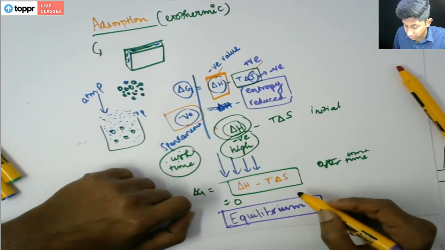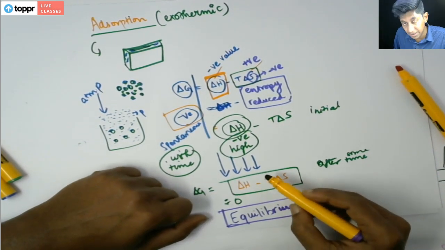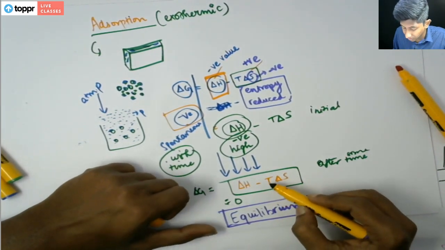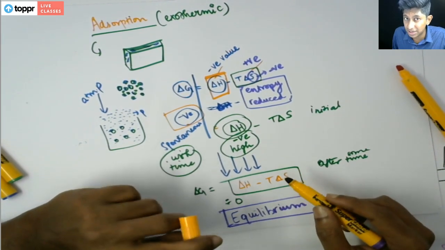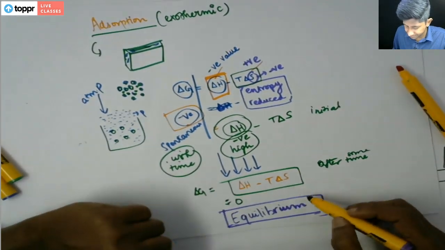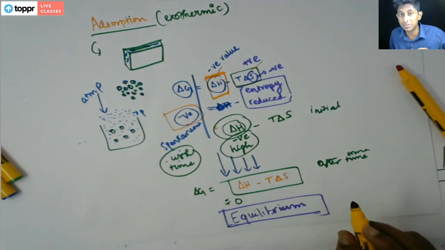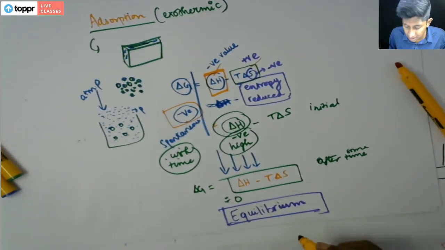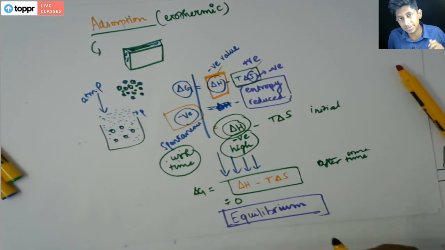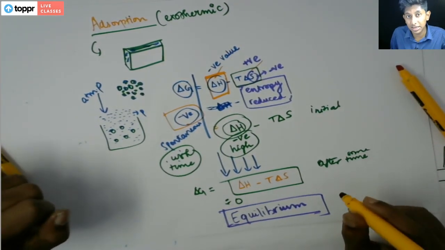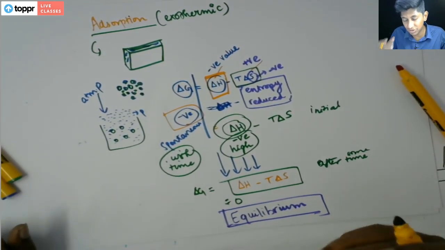When delta G equals zero, and when the enthalpy required is equivalent to the product of temperature and entropy change, we get equilibrium. This is the equilibrium stage which we observe, because at normal conditions, entropy is reduced and then adsorption happens.